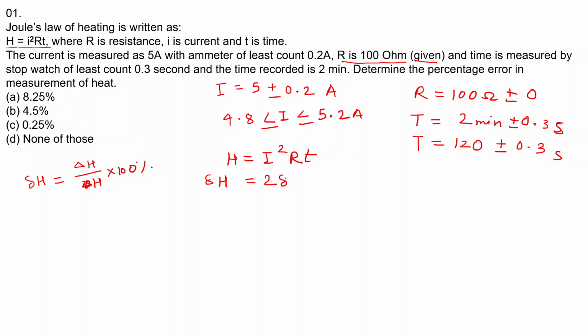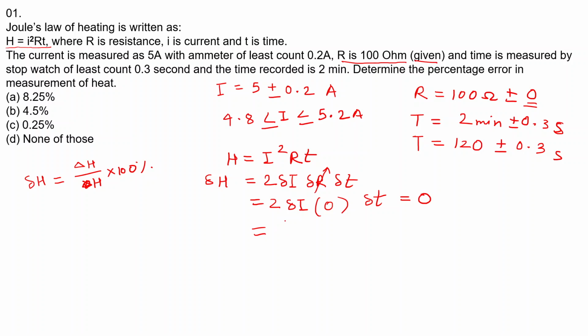When we want to find the percentage error or relative error, this will be 2 times the percentage error in I, and since R is raised to the power 1, it will be the same, and T is also raised to the power 1, so the same. Before I calculate the relative error in I, I see that it is getting multiplied by the error in R, but we know that there is no error in R because we have not measured it, so delta R will be 0 and multiplied by delta T the whole product will be 0, right?